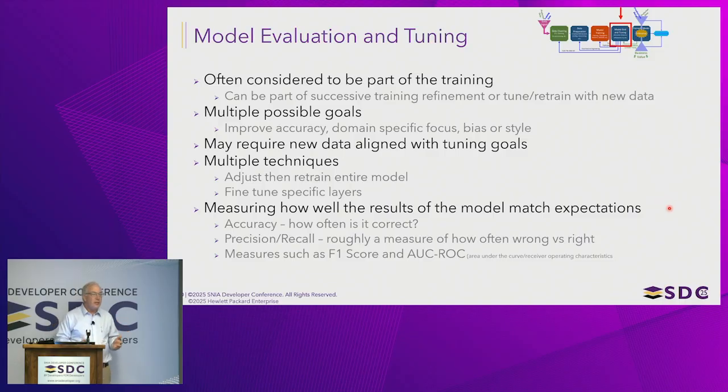You have to successfully be refining your training with new data. That data may be understanding the results of your training from the last run, tuning things to get a little bit different behavior. It may be that you have new data that you want to feed into your training process. There are a lot of different goals for why you want to tune your AI models, what you're evaluating for. Sometimes it's improving accuracy.